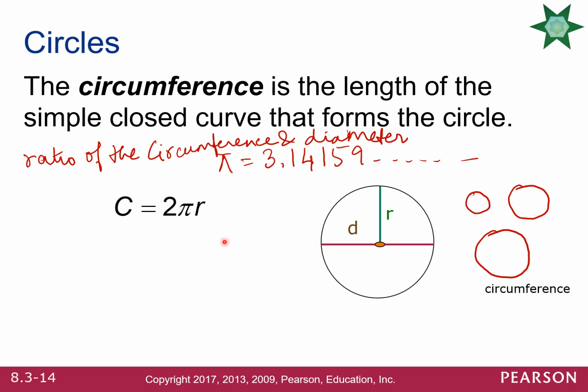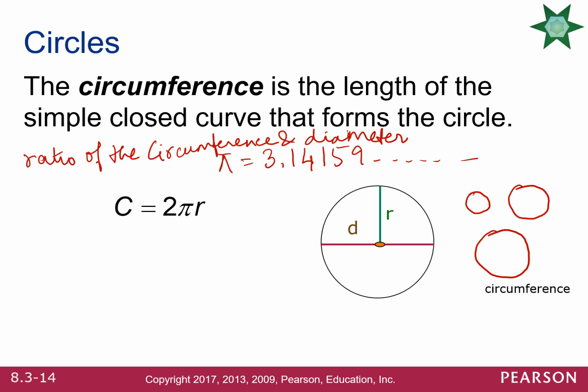All right, and pi is used extensively in measurements of circles and also in other areas of mathematics. Circumference is equal to 2 times pi, which is this constant value, times the measure of the radius.